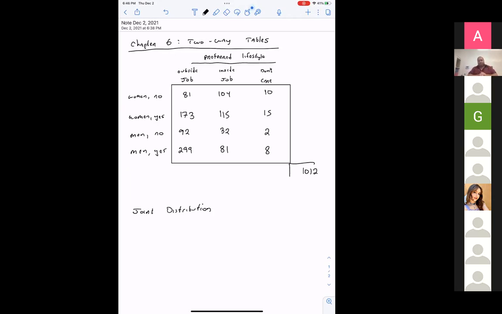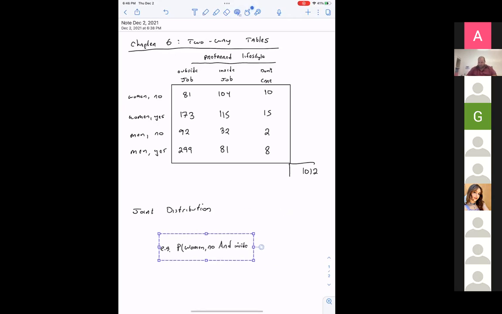So I might say something like, for example, what is the probability that a woman with no college wants to have an inside job?